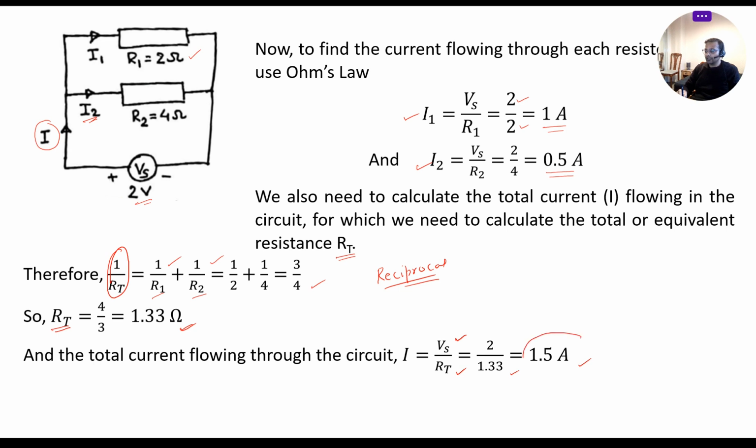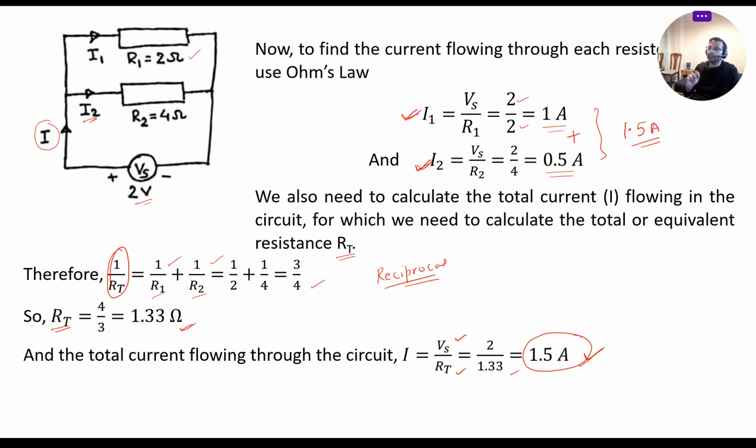Okay. Now the interesting thing here is these were your currents flowing through resistance R1 and R2. So quite similar to what we have done in the previous numerical, if you add them together, you get 1.5 amperes. So this is equal to your supply current.